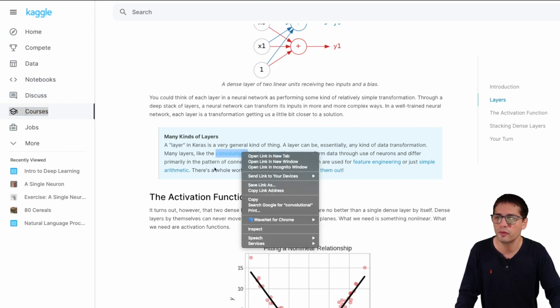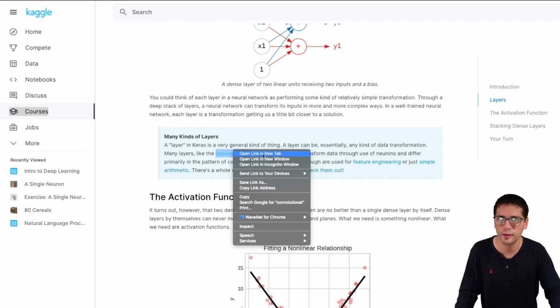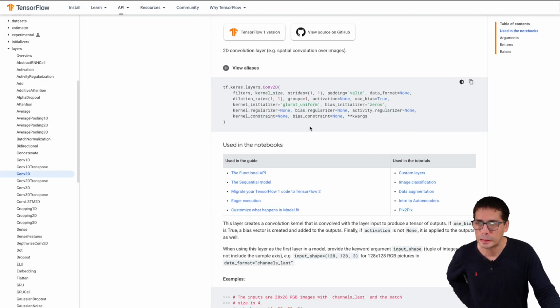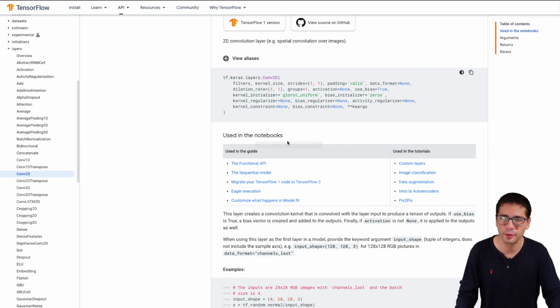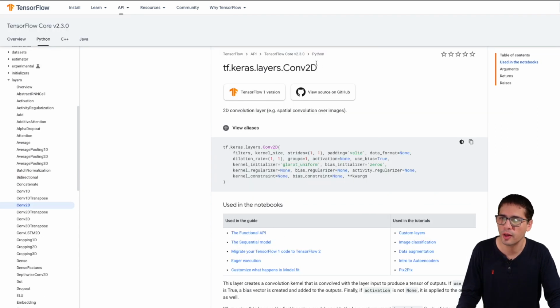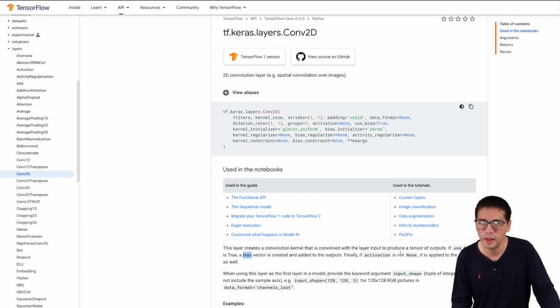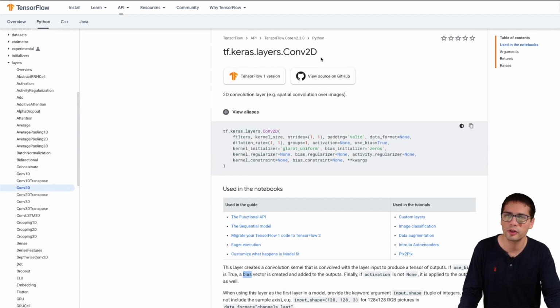Check them out. Okay, convolutional. I guess we all might have heard that if we learn about AI. What is a convolutional layer? 2D convolution layer. Okay, I might want to go back to where I was. This seems to be applicable for images. We've talked about bias before, bias, activation. So basically, these are almost like the building blocks of our neural network, right?